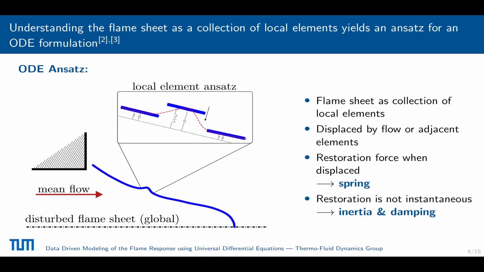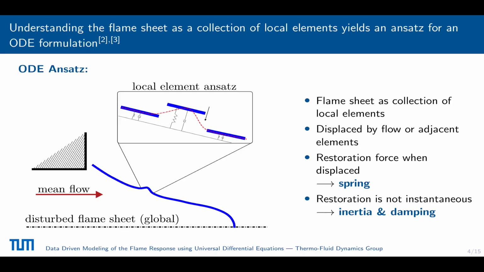First of all, we need an ansatz for this ODE, and we claim that we can understand the flame sheet as a collection of local elements, and this basically yields the ansatz for the ODE formulation. If we have a look at this figure here on the left, we can see the global flame sheet. We can now say, okay, we have a look at this on a local level, and here we see this continuous flame sheet as a collection of local elements.